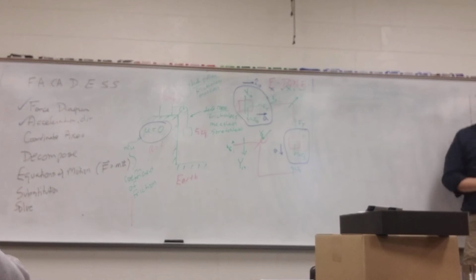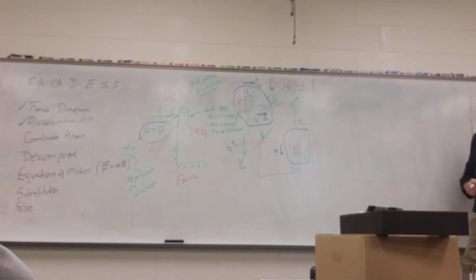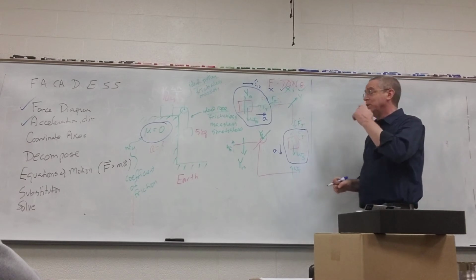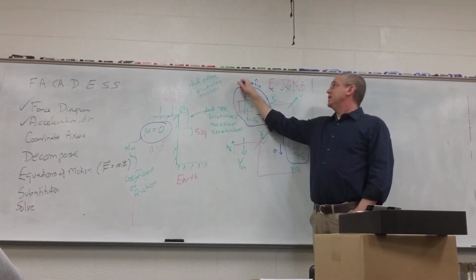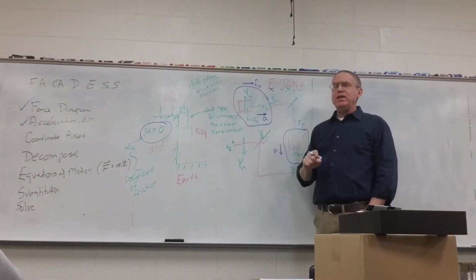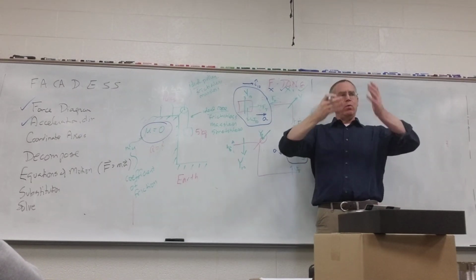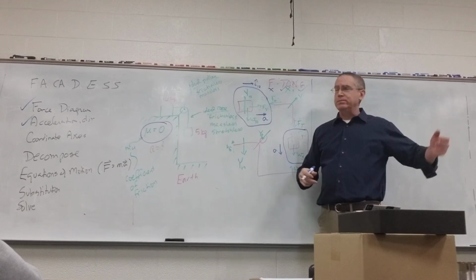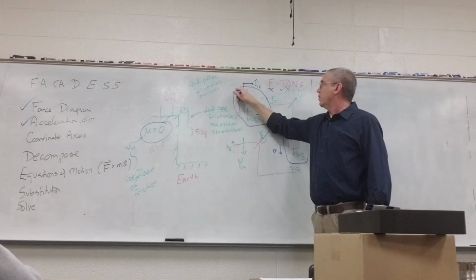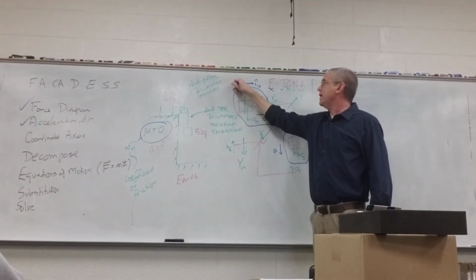There are times in which you want the coordinate axis to be in the direction of movement or velocity. We'll get to a case like that later. And the j hat direction is just perpendicular to it. I don't care if it's up or down. Down? Okay. Call that the j hat 10.